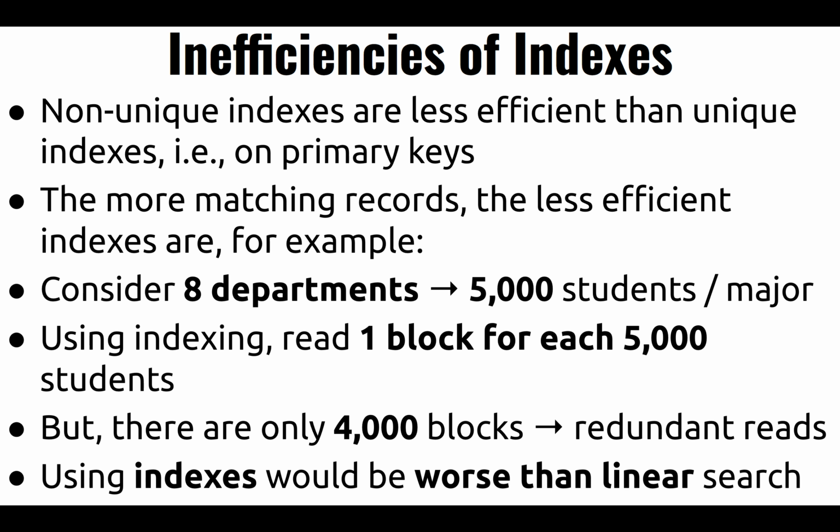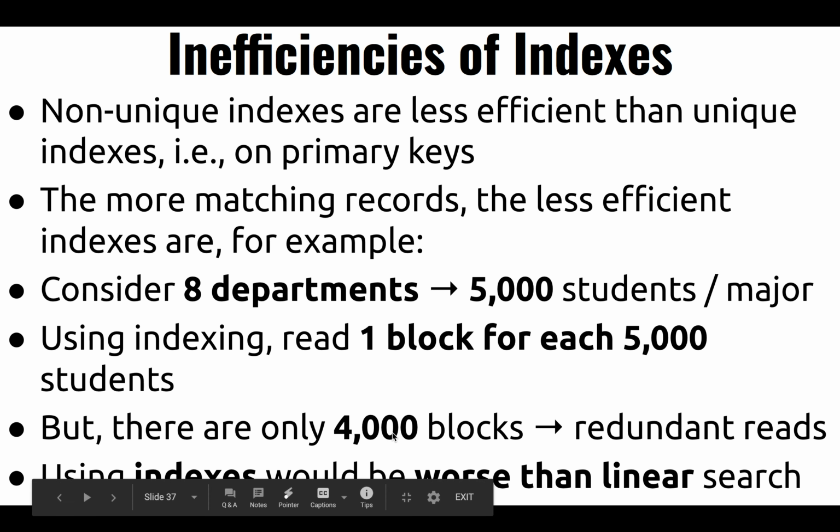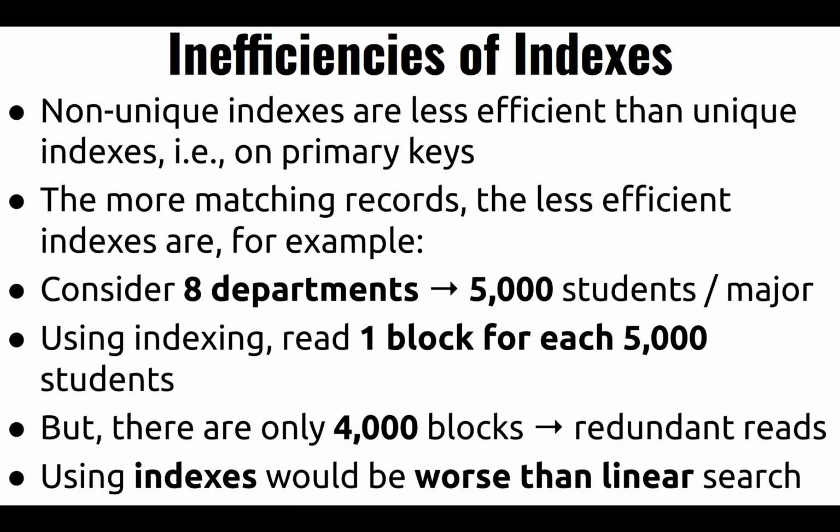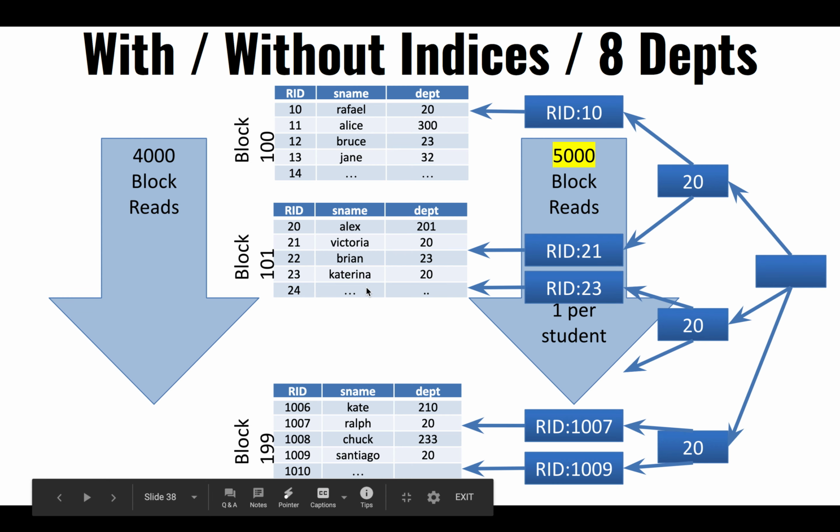But here, because we are now referencing 5,000 students, there are going to be in general 5,000 reads, which is actually going to be worse than the original 4,000 if you were just doing linear search. So ideally here you would avoid indexing that non-unique index. You would just prefer to do linear search when you're searching by a non-unique key.